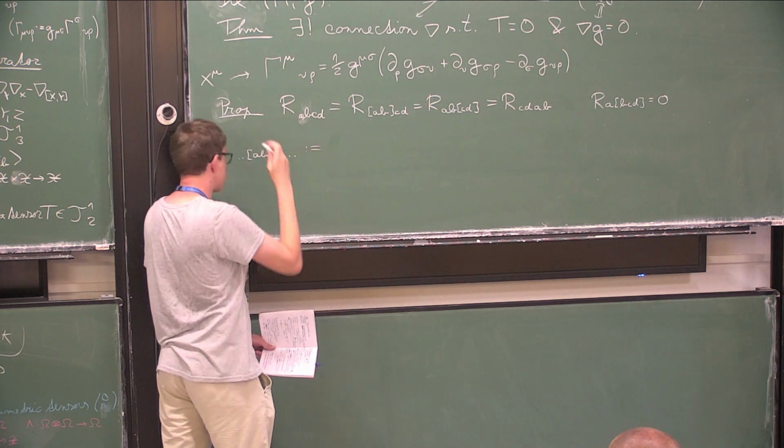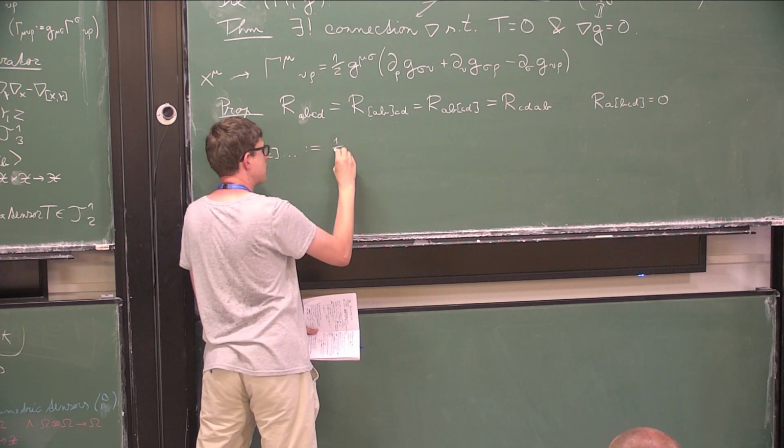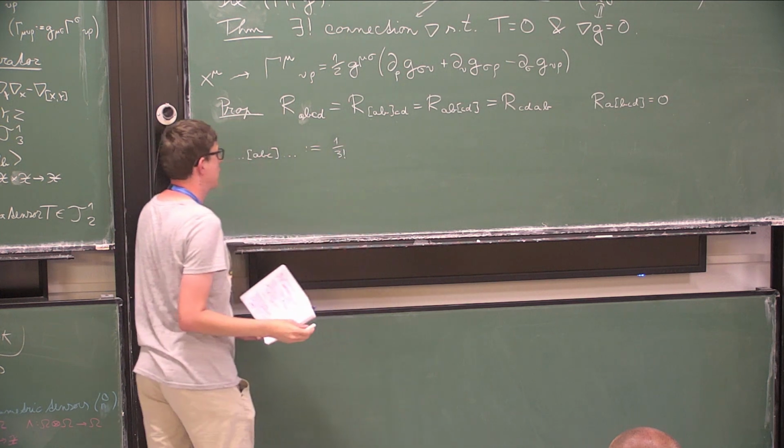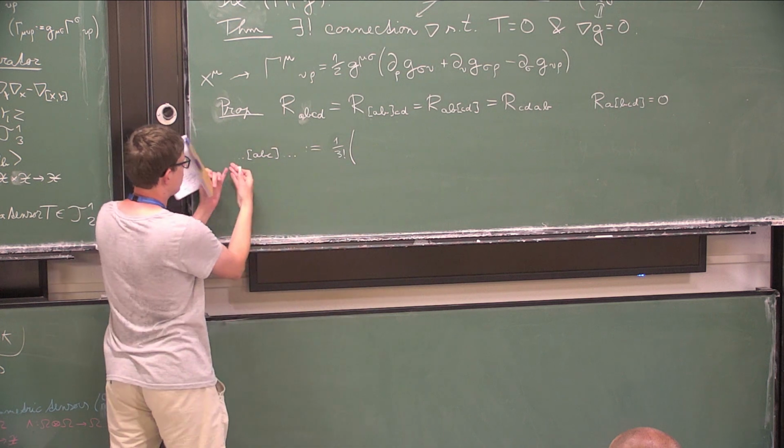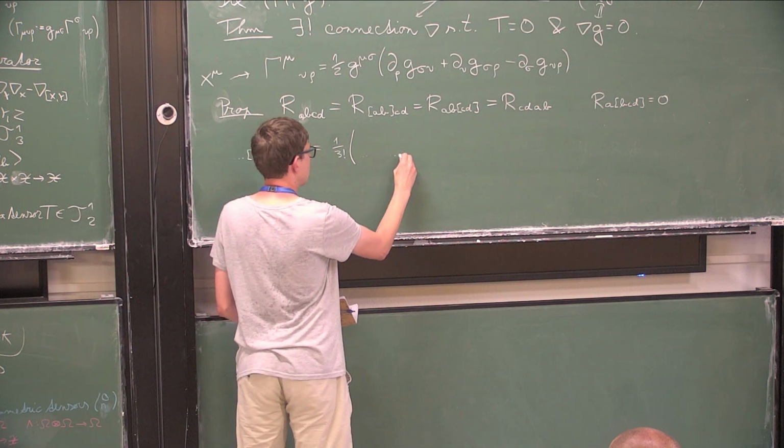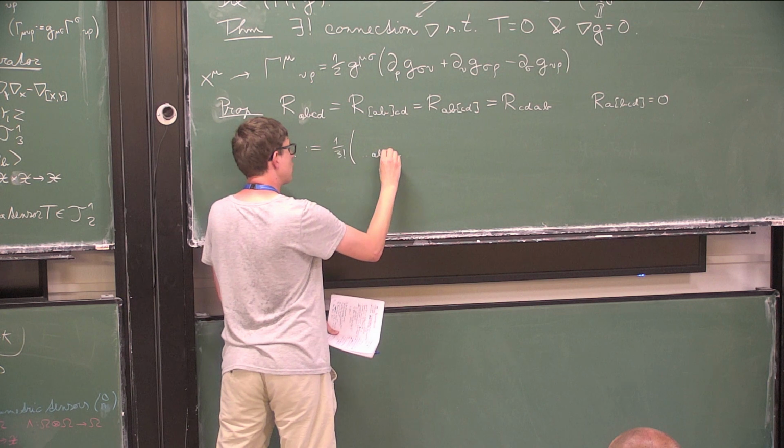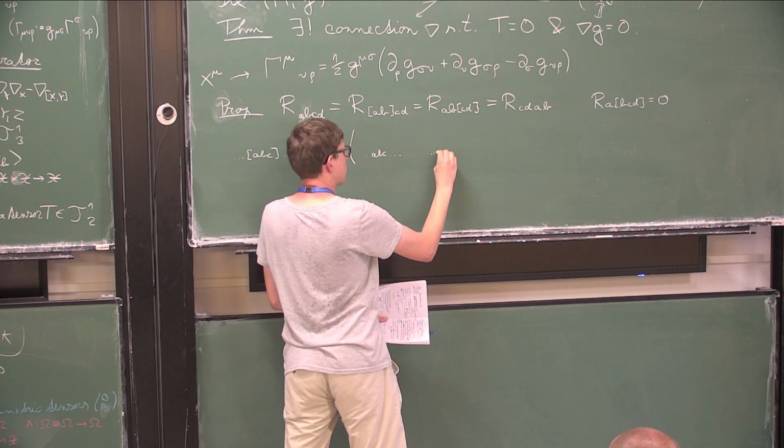If there are 3 indices, I put a factor of 1/3 factorial, then write the same expression with A, B, C, then the same expression again with A, C, B.